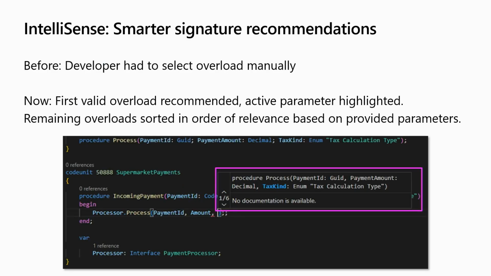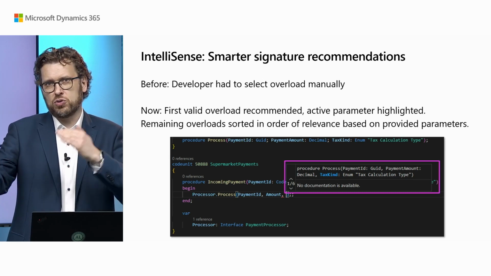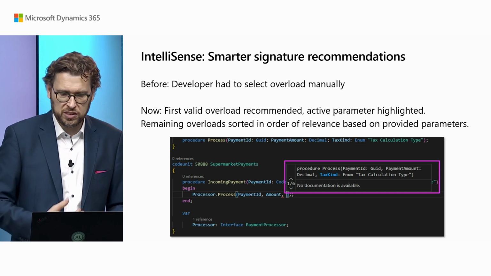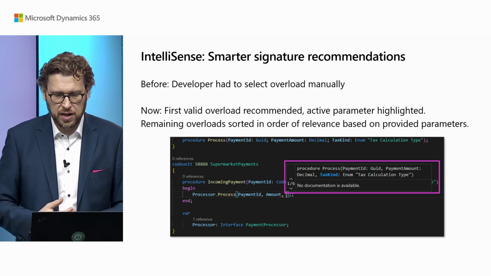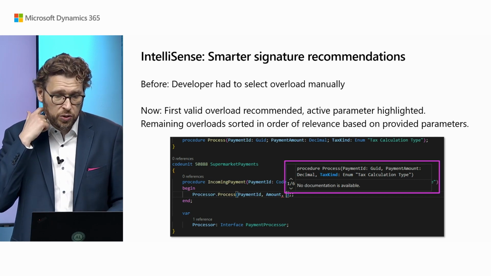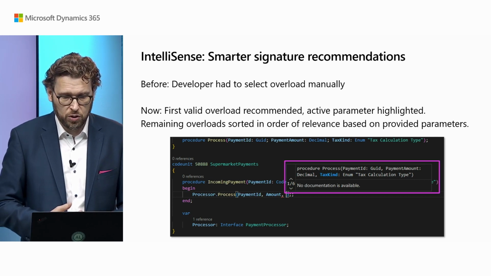Another IntelliSense investment is when you have multiple overloads, we are smarter at picking the recommended signature. Before, you would have to scroll through those different options. In this scenario, you see that there are 6 options, and this is showing the first of those 6 options when we call process.